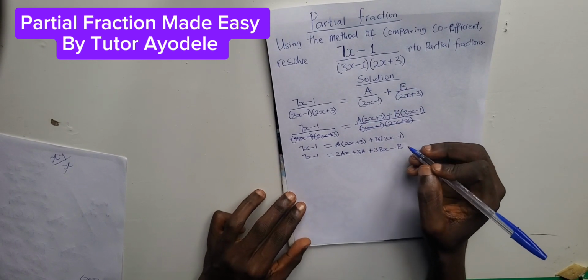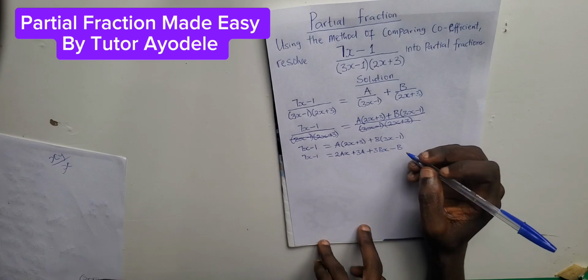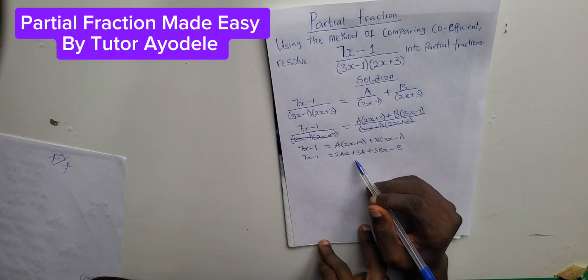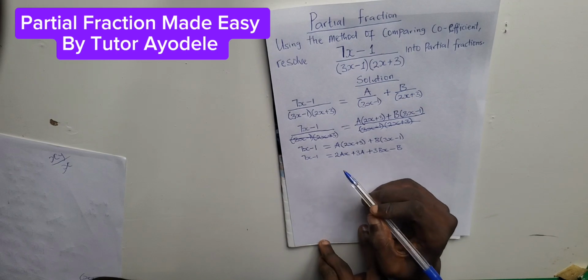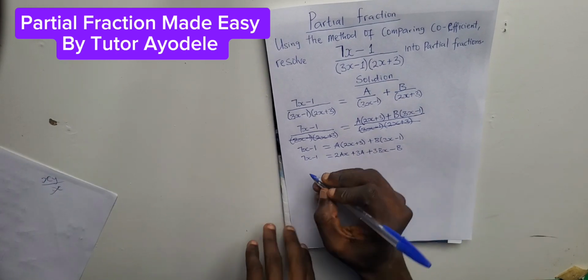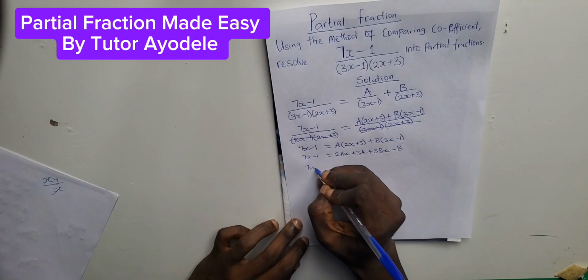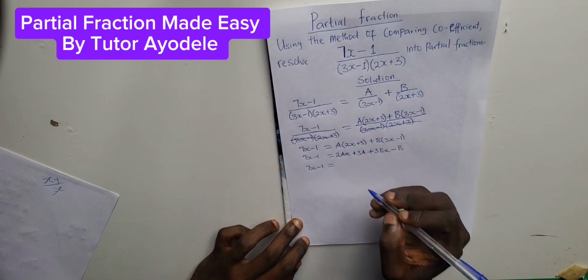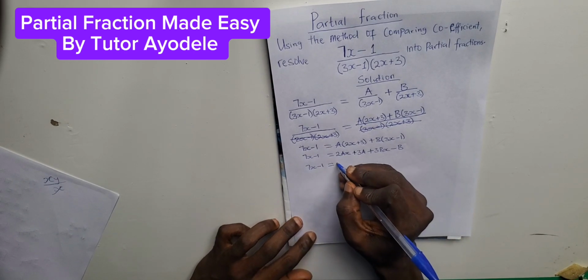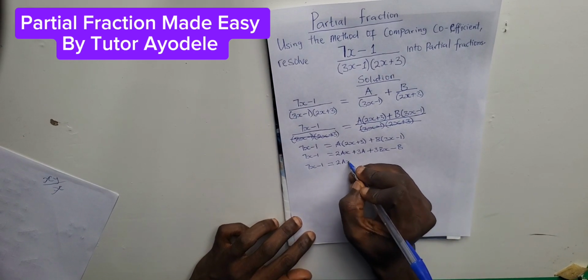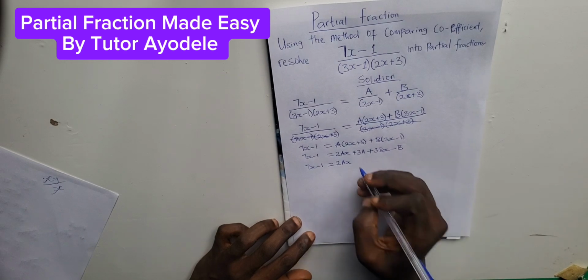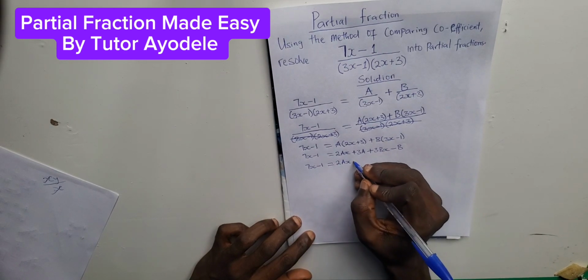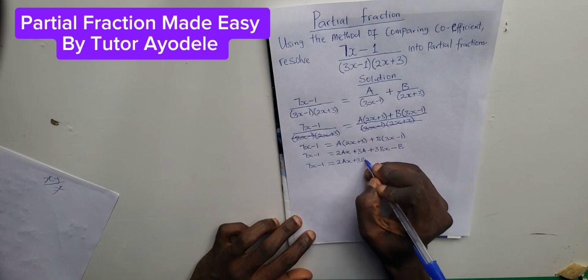Now I'm going to collect the like terms, the ones that have x, and gather them on one side. I will have 7x minus 1 at the left, while at the right I will have 2ax. This one also has x, so I will bring it to join this, plus 3bx.